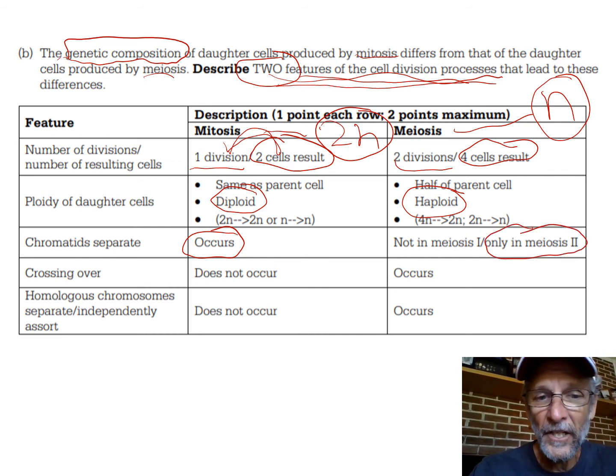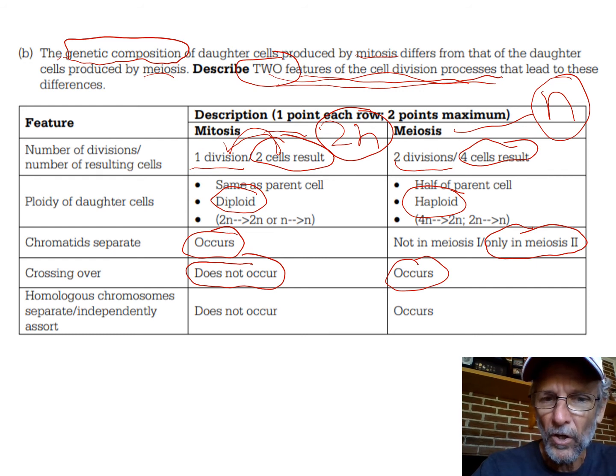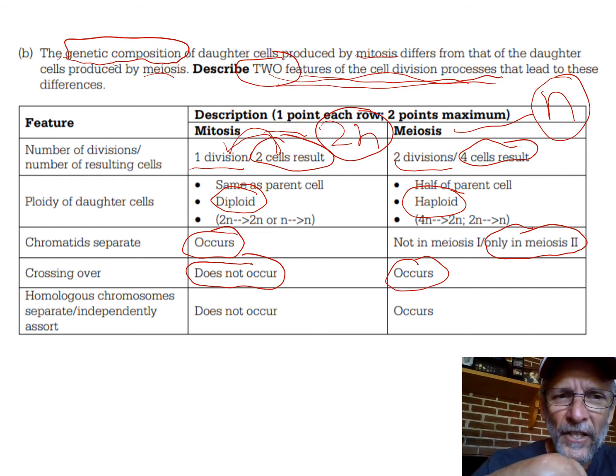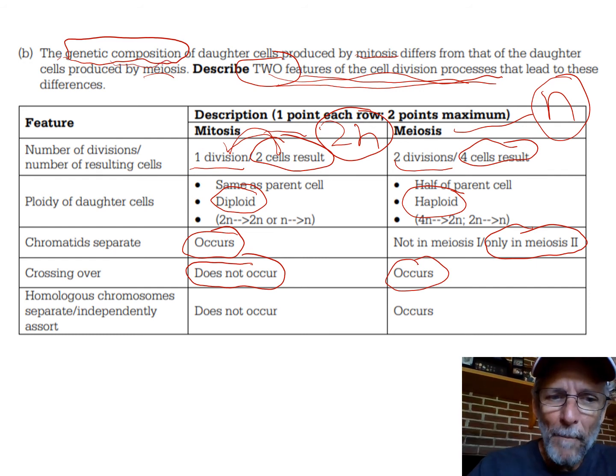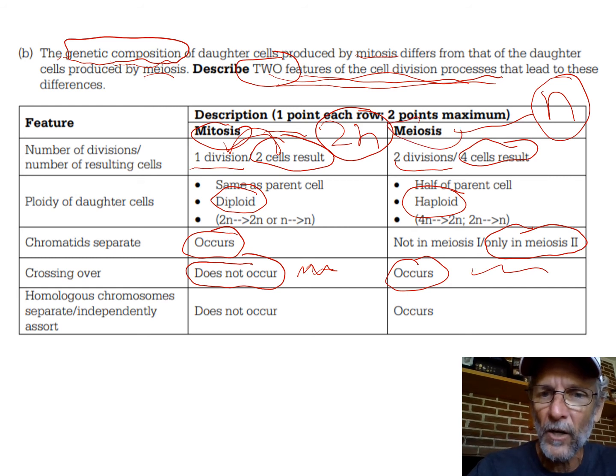So that's another thing you could have said. Crossing over does not occur. Crossing over does occur. What difference does that make to the genetic composition? That makes all the genetic composition of the daughter cells the same after mitosis. It makes them all different after meiosis.